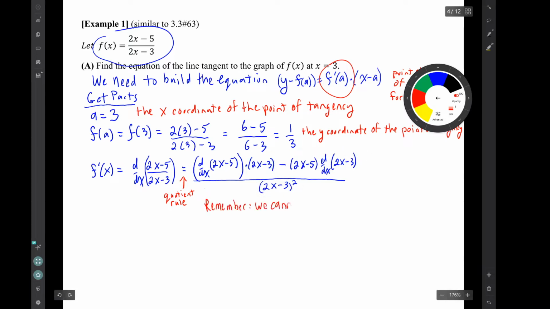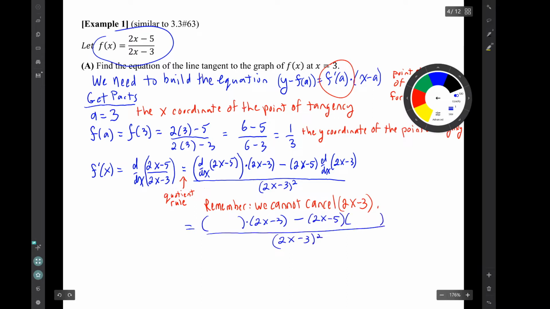So we really have to go on and do the derivative without that cancellation. We start again by copying the stuff that does not change. Now in this left parentheses, we'll put the result of this derivative. The derivative of 2x minus 5 is 2. In these right parentheses, we'll put the result of this derivative.